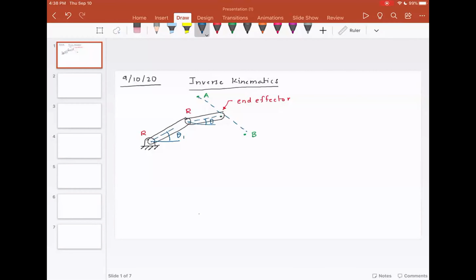So these are the joint angles theta 1 and theta 2.